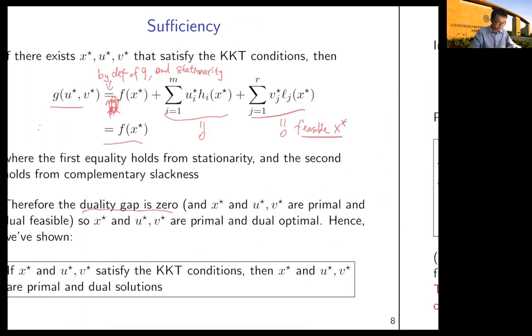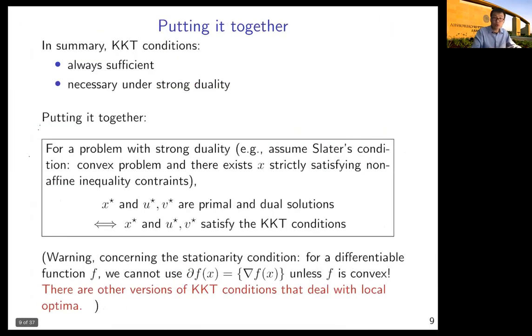Okay. So to put both sides together, we can conclude that the KKT conditions are always sufficient to certify that this triplet of solutions is optimal, and it is also necessary if we in addition assume that strong duality is true.